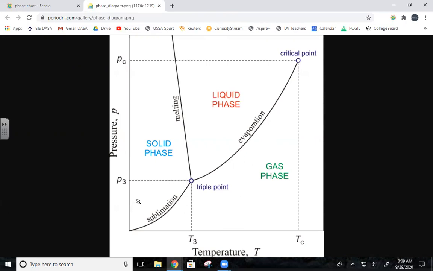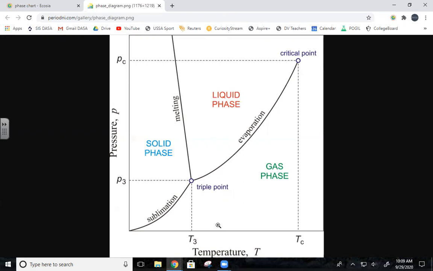So let's just talk about water, okay? That's something that we are all familiar with, all three states. Let's talk about water, good old dihydrogen monoxide, H2O. On a nice day, let's say it's 25 degrees Celsius outside, okay?